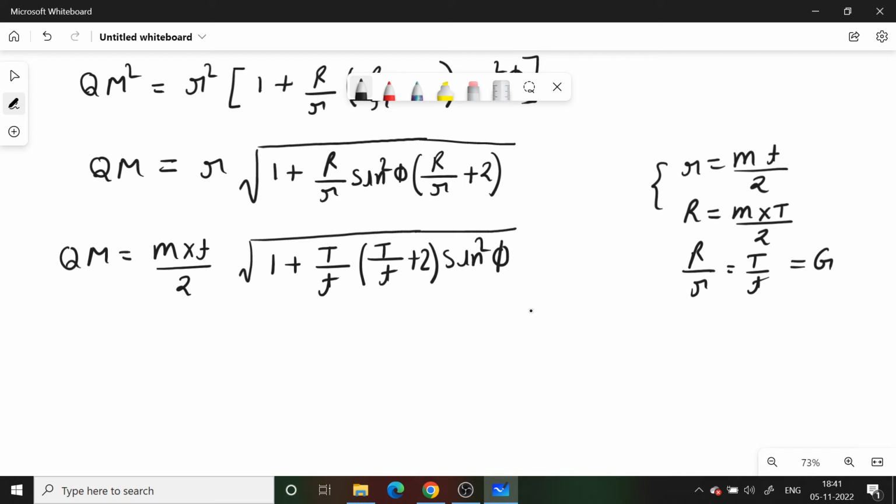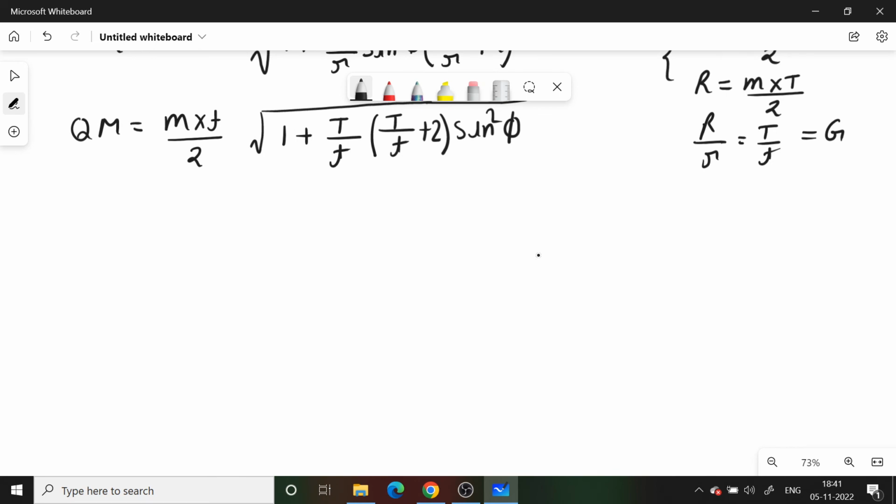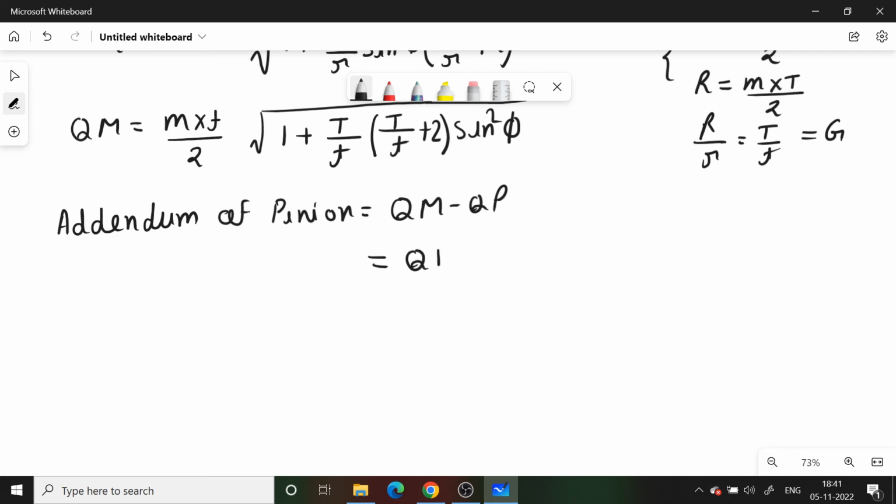Okay, now we know that the addendum of pinion will be QM minus QP, that is QM minus small r, or QM minus small m into small t by 2.